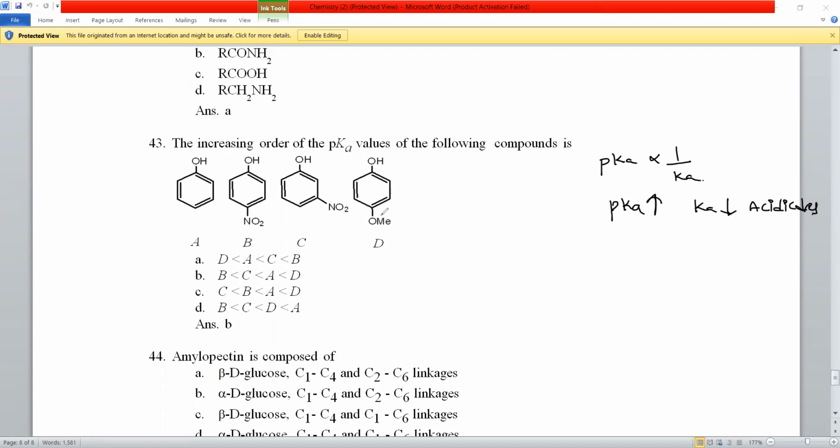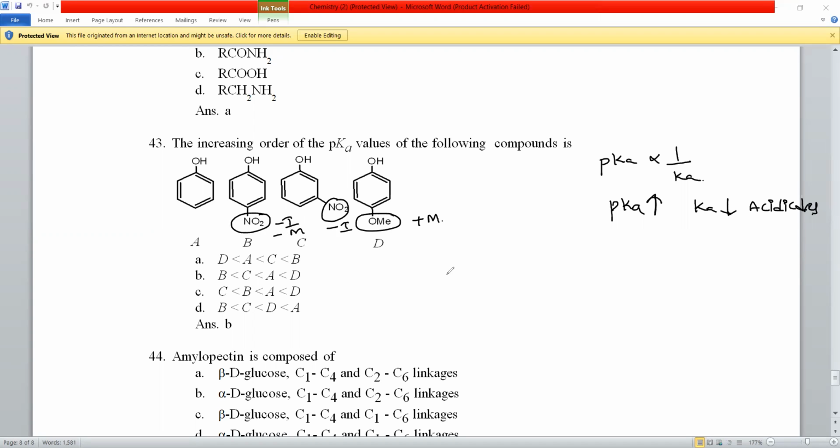Find which is more acidic. Here a withdrawing group is there, minus I as well as minus M. Here only minus I is there at the meta position, and here the plus M group is dominant. So the withdrawing group makes it more acidic.